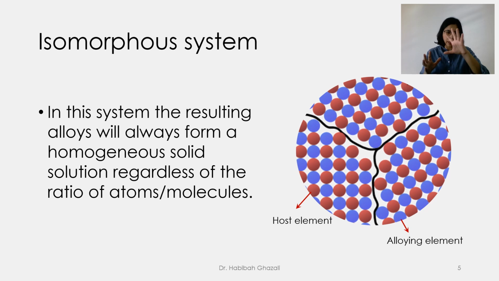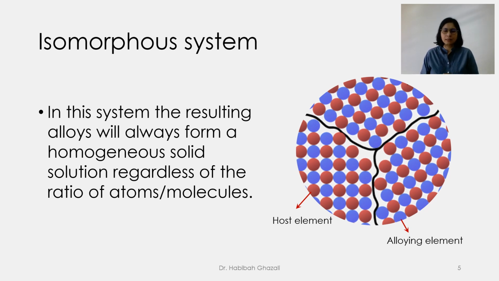So you can see grain boundaries, like in the schematic here. You have 1 grain, 2 grains, 3 grains separated with the grain boundaries. However, you cannot tell me with the isomorphous system that these grains have different phases. It's only one phase. So this is a complete solid solution.